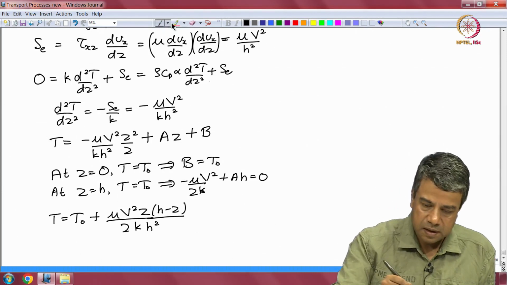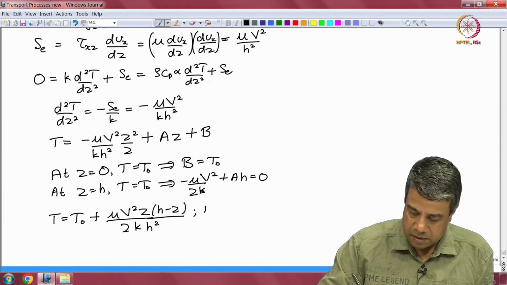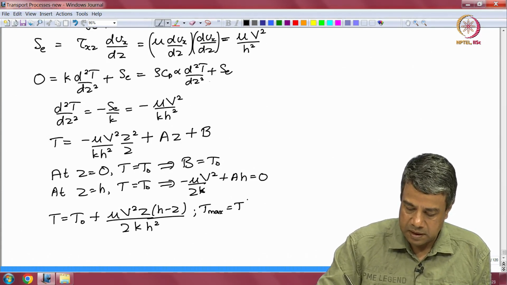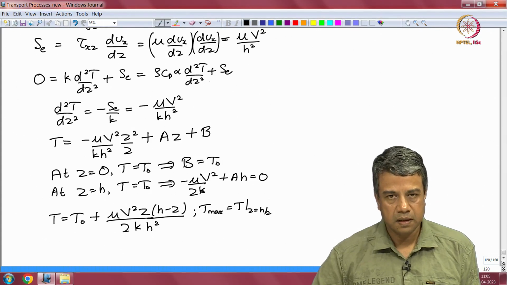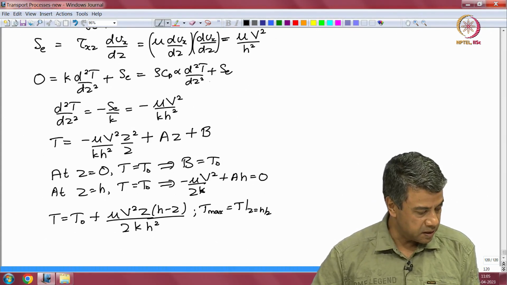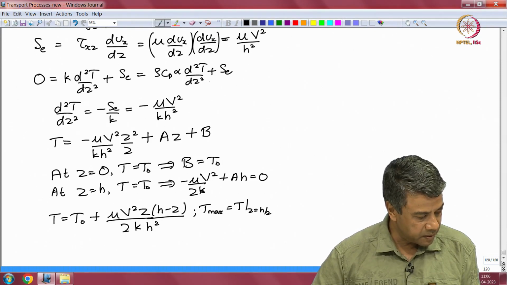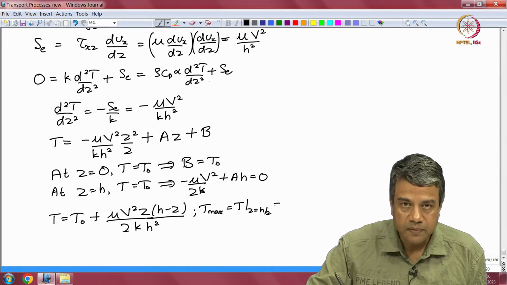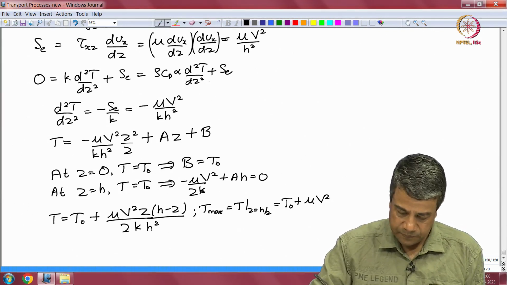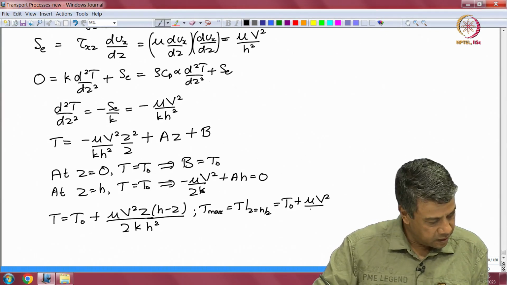T max is equal to the temperature at z is equal to h by 2. Substitute z is equal to h by 2 in this expression and you will get the maximum temperature as T naught plus mu v square by 8 k.